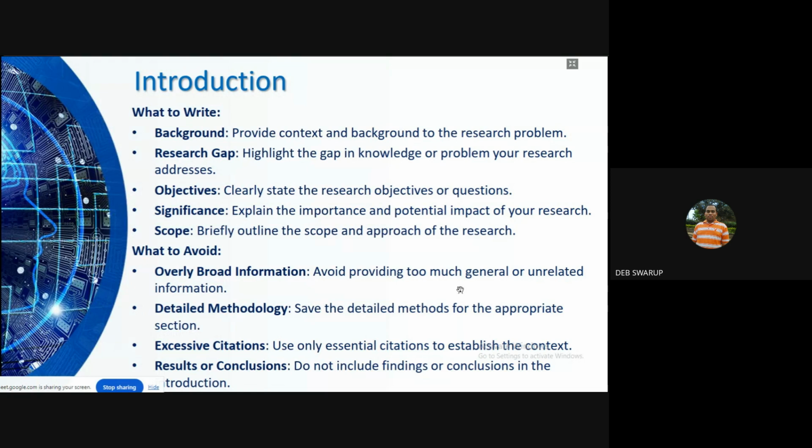Decide what you want to write, how you want to write it, and what your citations are for each stage, and try to maintain the same number of citations. If you cite 4 papers in the background part, maintain the same number, 4 papers, in the research gap. Don't go for 16 in one part and 1 or 2 papers in another part. That is the excessive citations problem.